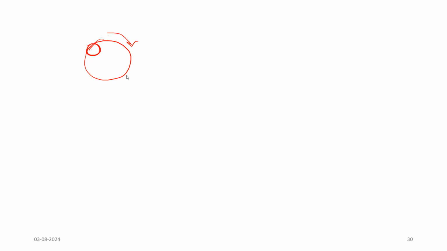This is the ball diameter. Ball diameter is R, and feed particle diameter is small r. Now what will happen? How will this move inside the ball? We know that the ball has gravitational energy, which is nothing but mg, right?